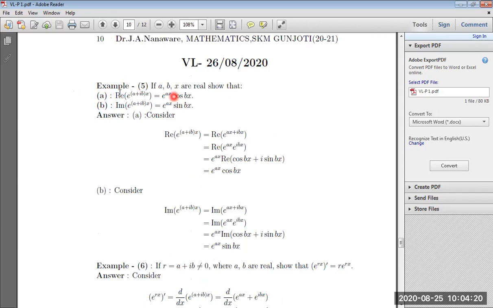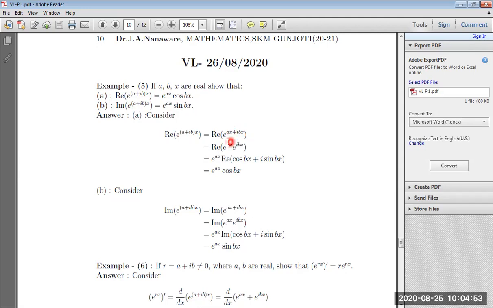Here we have to find the real part of this complex exponential function, and it is nothing but e to the power ax cos bx, and the imaginary part of this complex exponential function is e to the power ax sin bx. It is very simple. Just simplify this: you will get e to the power ax plus i bx, and by laws of indices this can be written as e to the power ax into e to the power i bx.